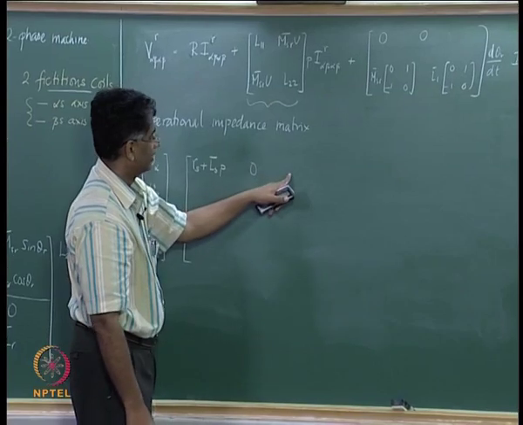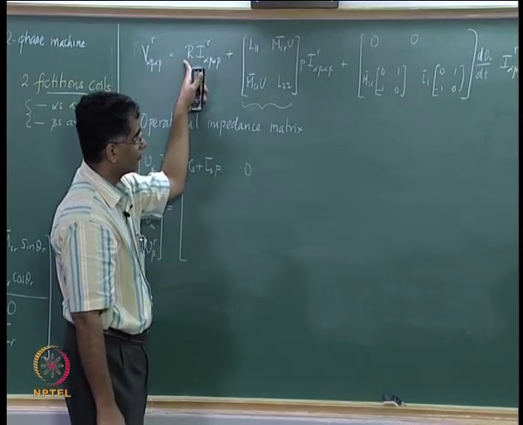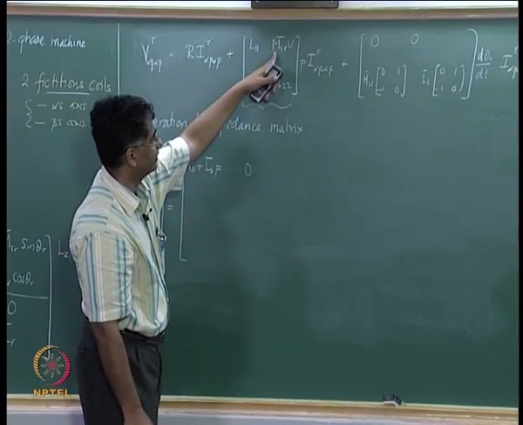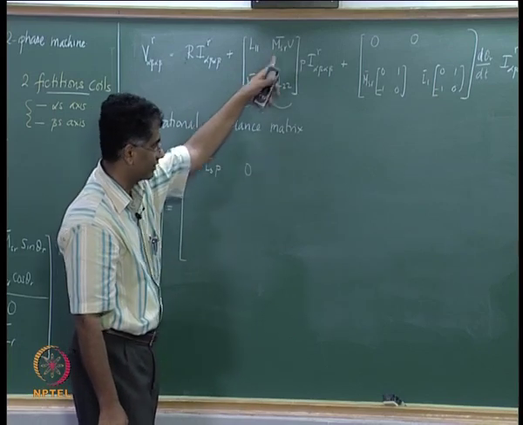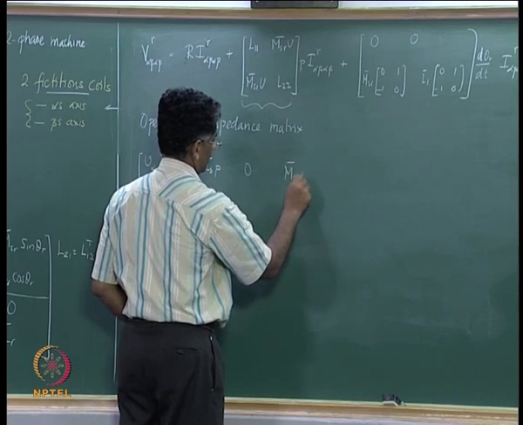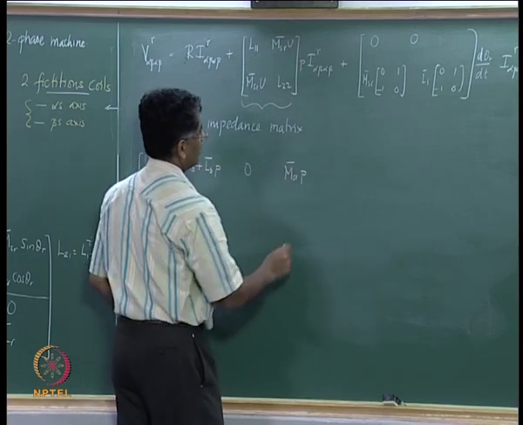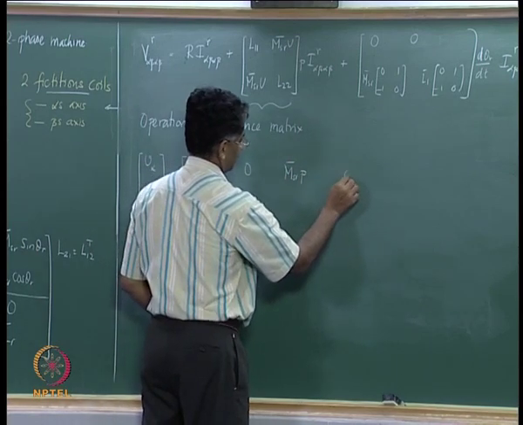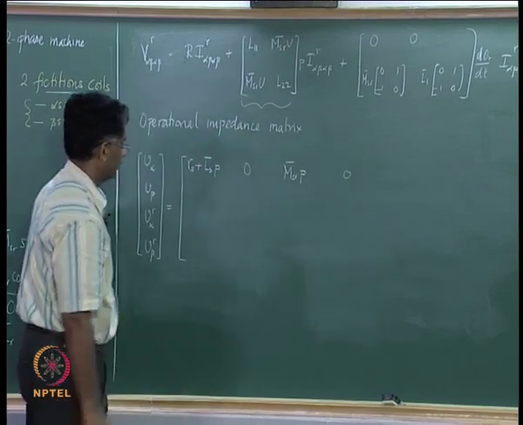The third term here, nothing would come from the resistance matrix, whereas here it is MSR bar into identity matrix, and therefore, this is MSR bar multiplied by P, and then the last term is again 0 there.